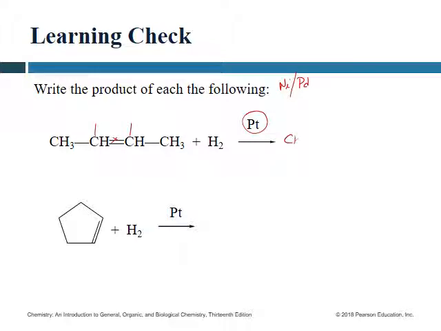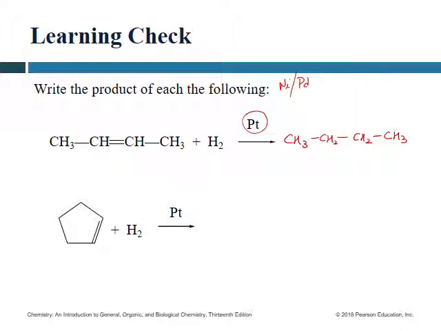So the final answer is going to be CH3, CH2, single bond, CH2, single bond, CH3. Okay, so this bond broke and each of the carbons now has 1 extra bond and they both get 1 hydrogen each.